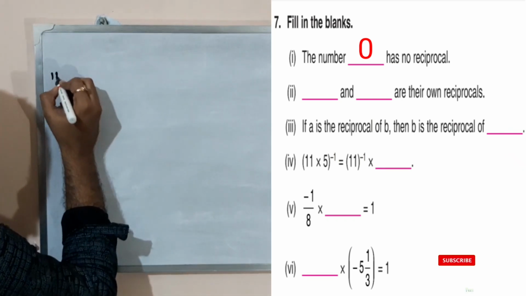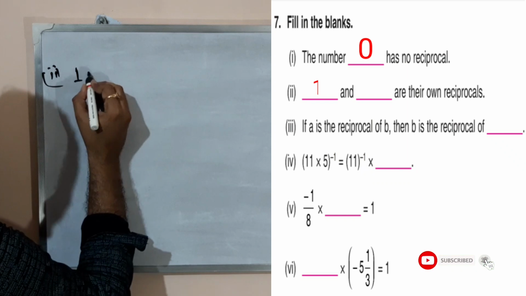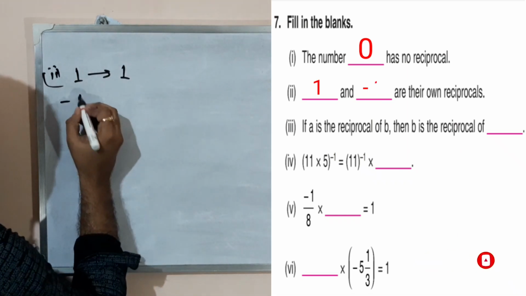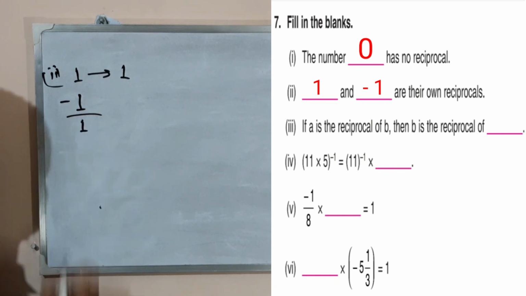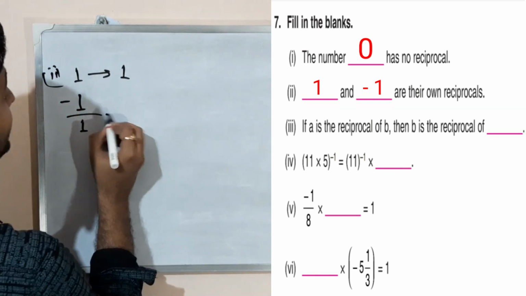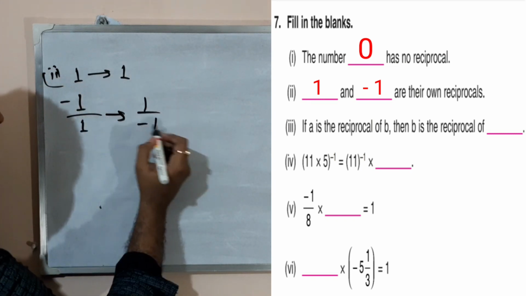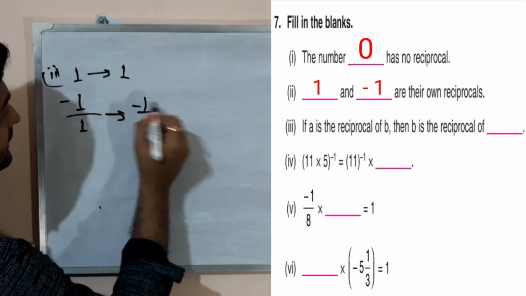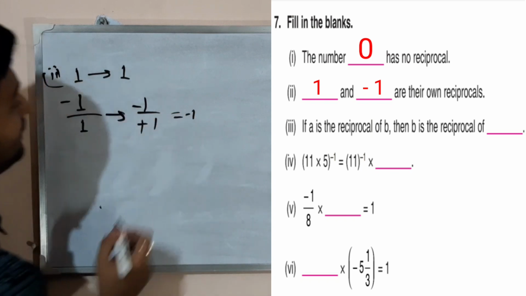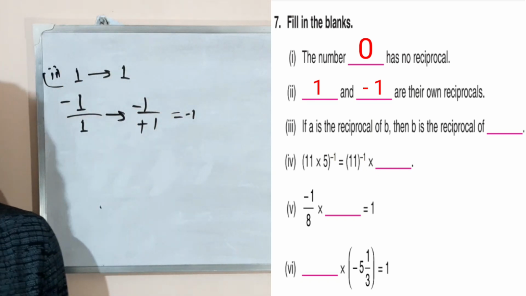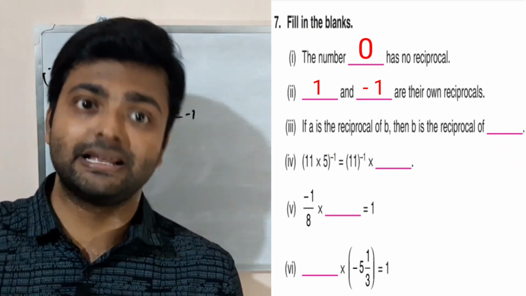I told you that one such number is 1. Another number over there is minus 1. Minus 1 can be written as minus 1 by 1. So for its reciprocal, what to write? 1 by minus 1. If you write this in standard form, again minus 1 comes. So 1 and minus 1, these two are the numbers whose reciprocal is the number itself.